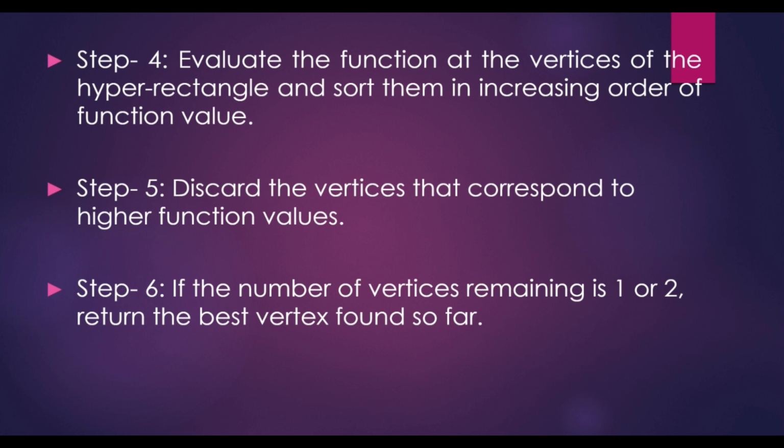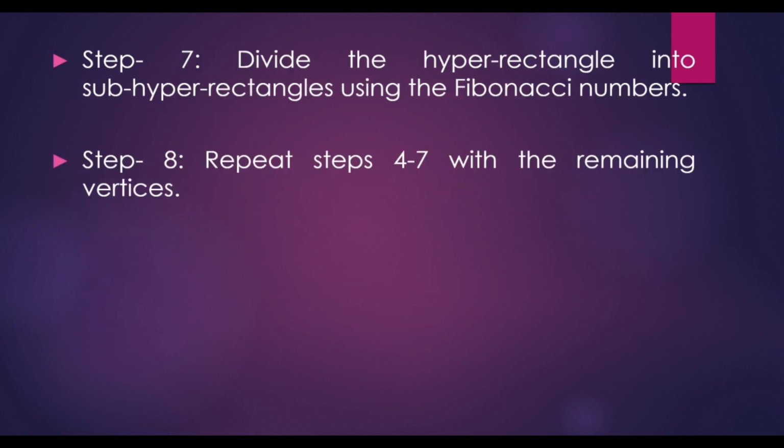Discard the vertices that correspond to the higher function values. If the number of vertices remaining is 1 or 2, return the best vertex found so far. Divide the hyperrectangle into sub-hyperrectangles using Fibonacci numbers. Repeat steps 4 to 7 until we get the desired level of accuracy.